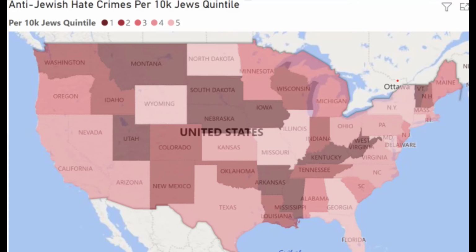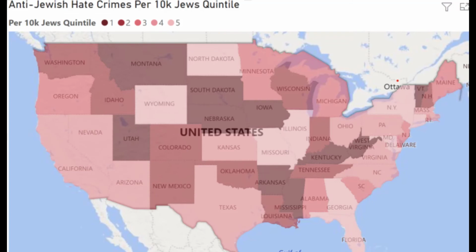So maybe what's happening here isn't the fact that these have significantly and measurably higher rates. It's just that they have very, very few Jews. And so a single extra hate crime increases their rate substantially.